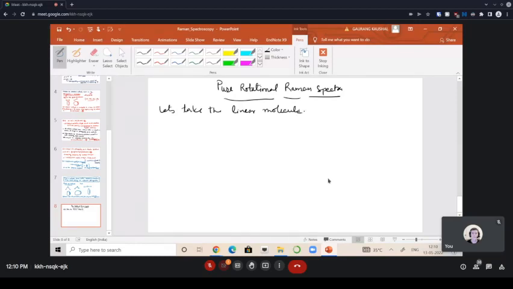Okay, and you know that the rotational energy levels can be defined like this. The rotational energy level E J will be equal to B J into J plus 1 centimeter inverse.